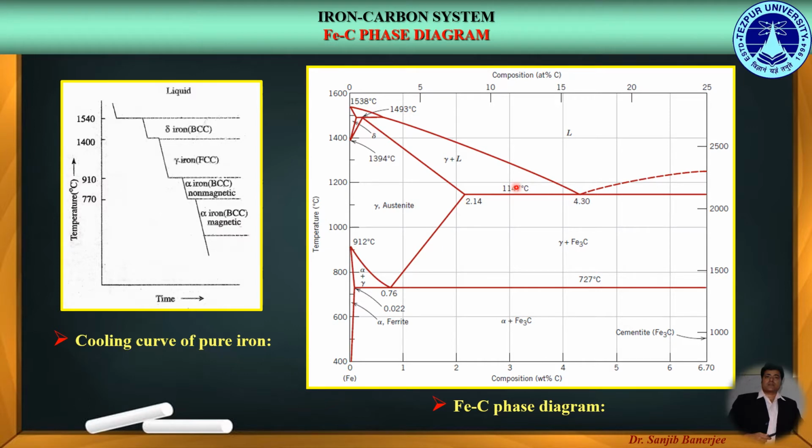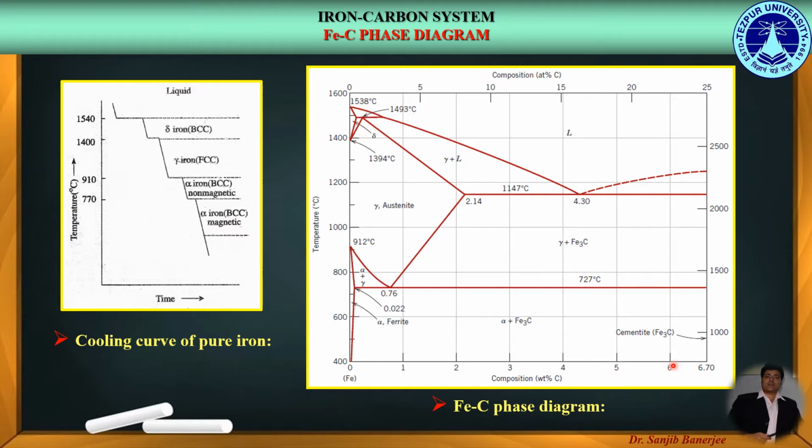Now, below approximately 1.8 weight percent of carbon, we call it steel, while with higher than 1.8 weight percent of carbon, we call it cast iron.